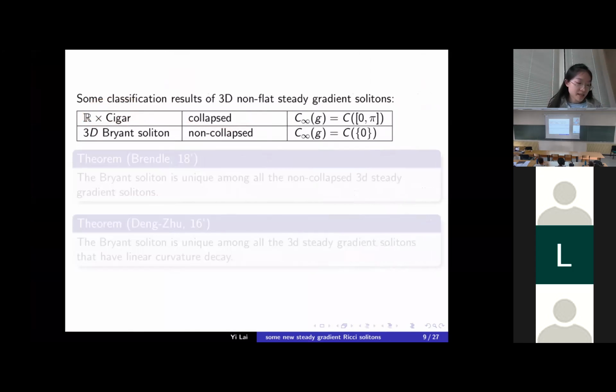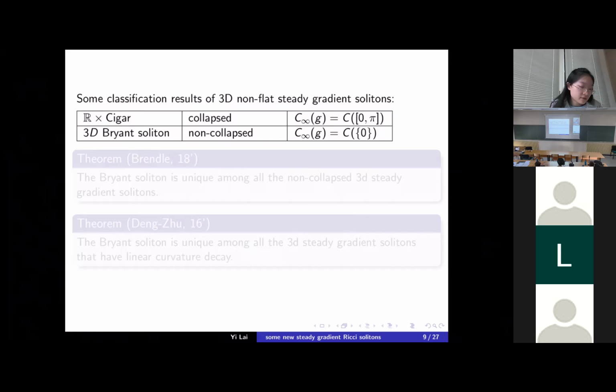It is collapsed as the cigar is collapsed, and the asymptotic cone, by which I mean you take the blowdown of the manifold, is a half plane, because the blowdown of the cigar is a half line, a ray, and so overall this asymptotic cone is a half plane.